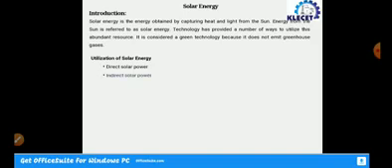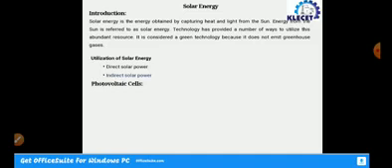Another is indirect solar power, where it involves more than one transformation to reach a useful form. That means more than one step is involved to get a useful form of energy, which is called indirect solar power.